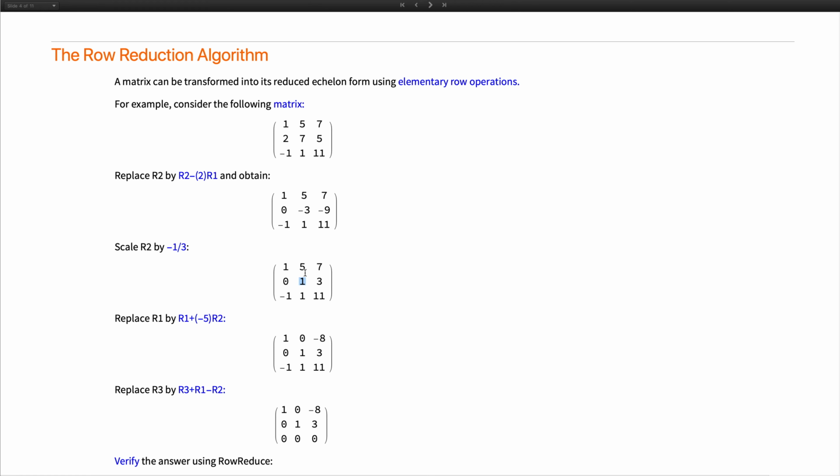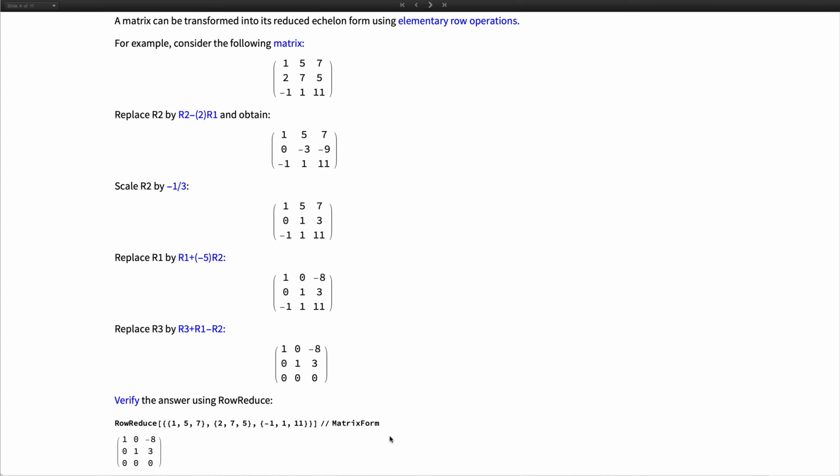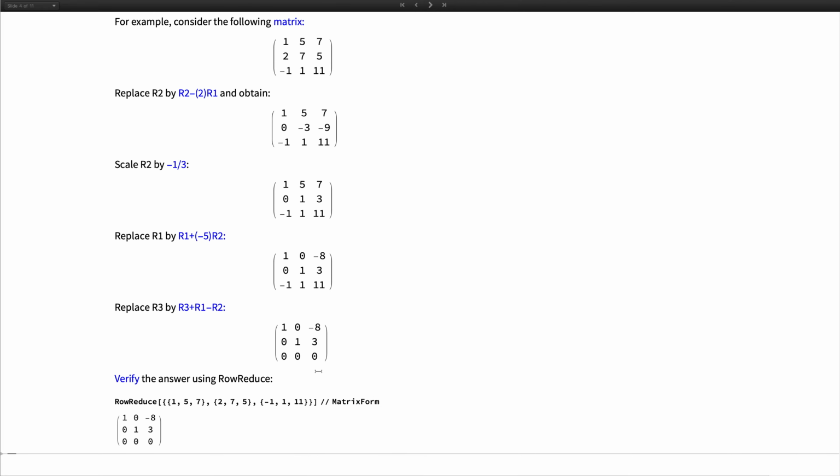The -3 becomes a 1. And then you still want to make that 5 into a 0. So you do row 1 plus -5 times row 2. So you get a 0 over there. And finally, you do row 3 goes to row 3 plus row 1 minus row 2, and you get back this nice echelon form. So you can check the answer with RowReduce, and you see that you get back just the same result.